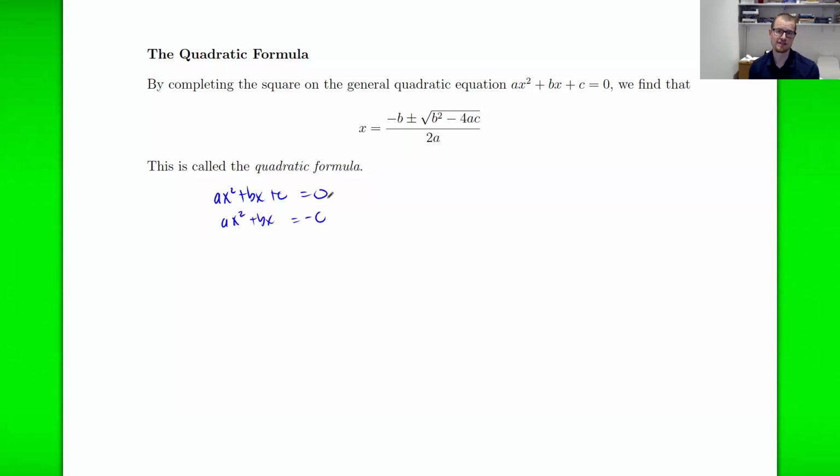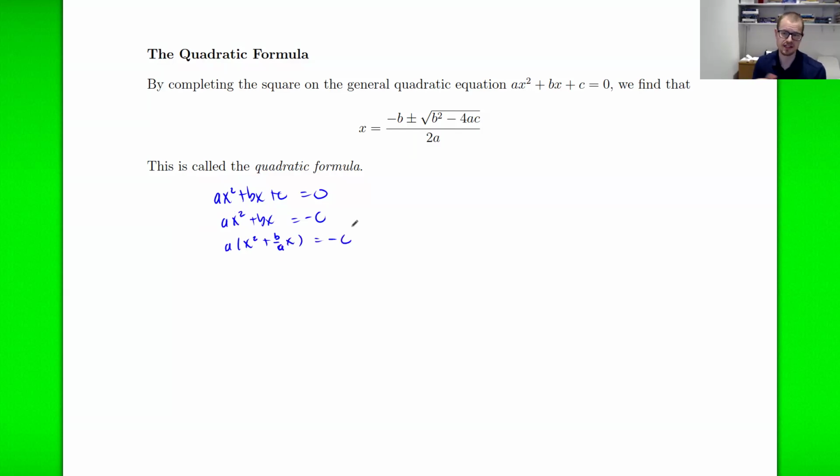And then I can divide both sides by a, because I want to remove that coefficient of a. Actually, maybe what I should do first is just pull it off of both terms. So let's write it as a times x squared plus b over a times x is equal to negative c.